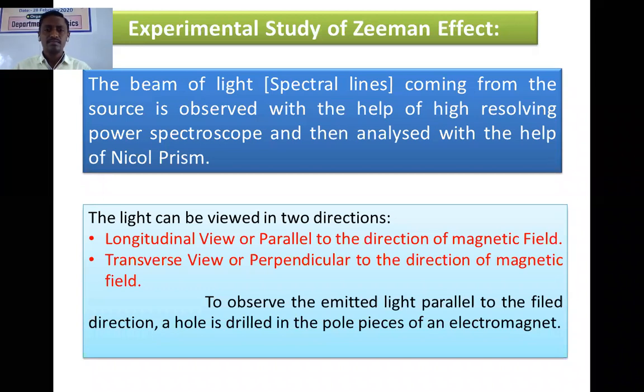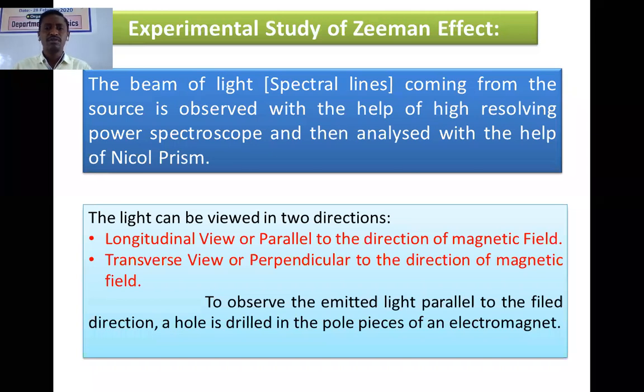For study purposes, the beam of light or the spectral line coming from the source is observed with the help of a high resolving power spectroscope, because we have to focus on a single spectral line among the various available spectral lines.